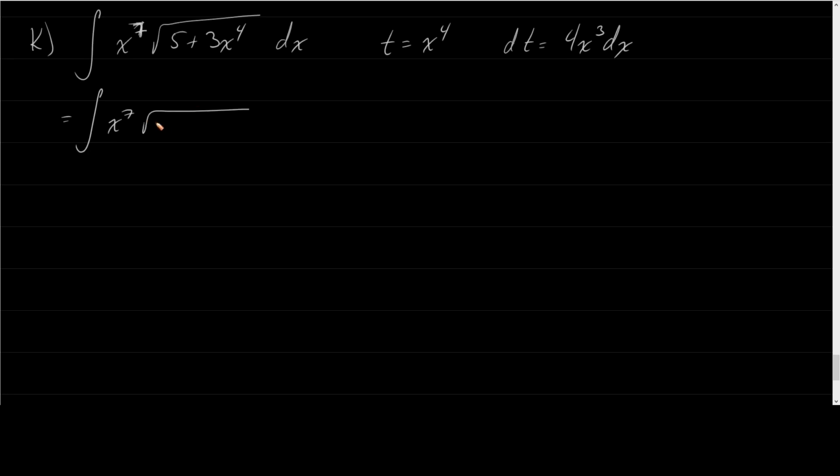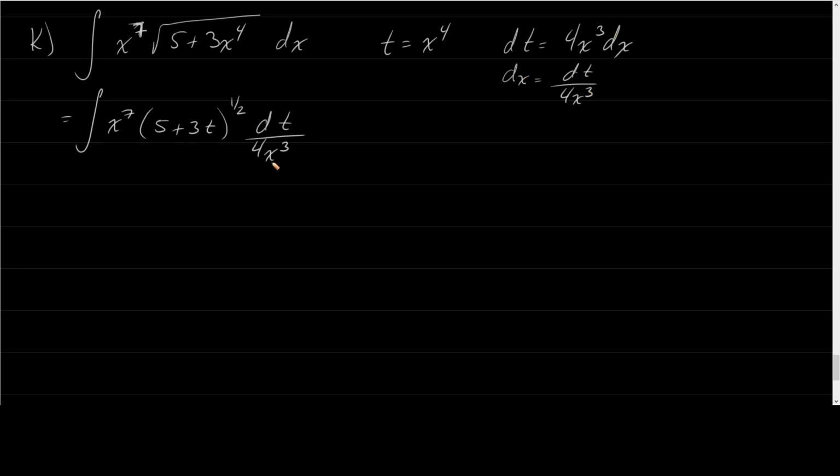The square root of 5 plus 3x to the 4th becomes 5 plus 3t. And you know what? I'm going to not write that as a square root. I'm going to write it as to the power of 1/2. And then that dx, from here, we know it's dt over 4x cubed. So let's write that, dt over 4x cubed.